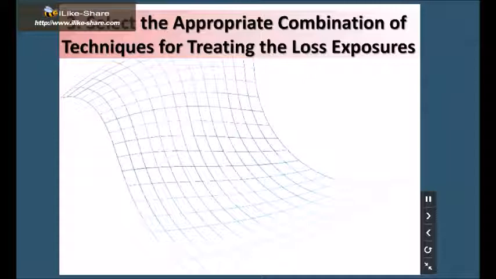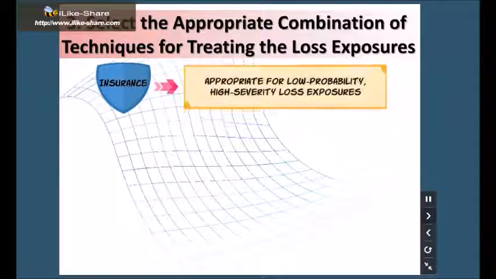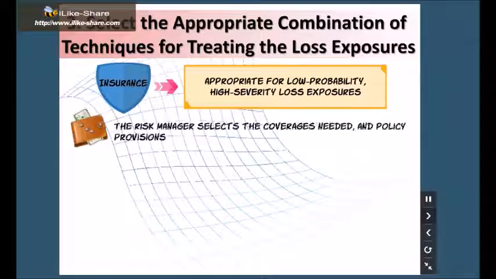Select the appropriate combination of techniques for treating the loss exposures. Insurance is appropriate for low-probability, high-severity loss exposures. The risk manager selects the coverages needed and policy provisions.